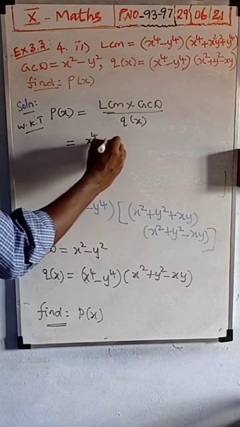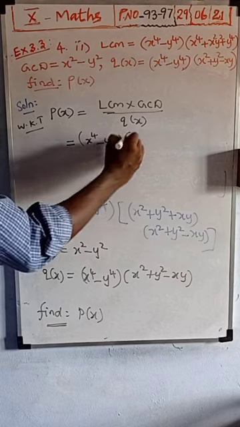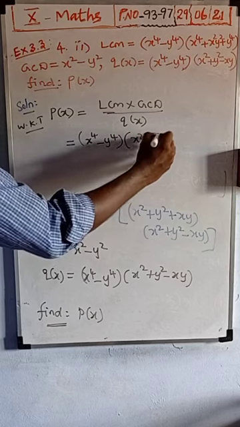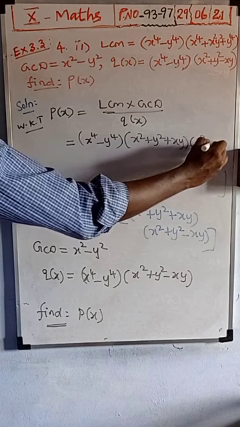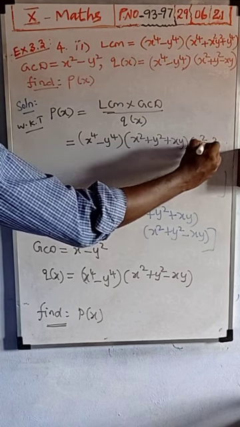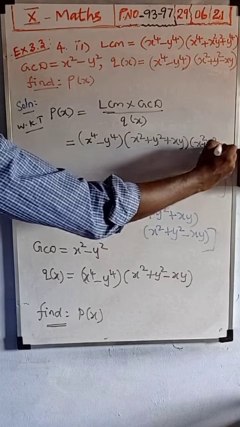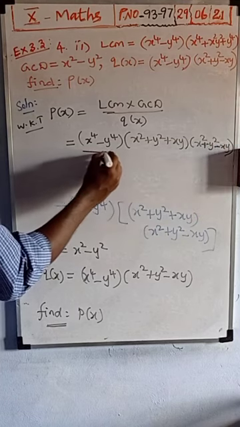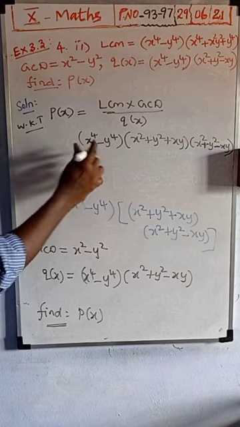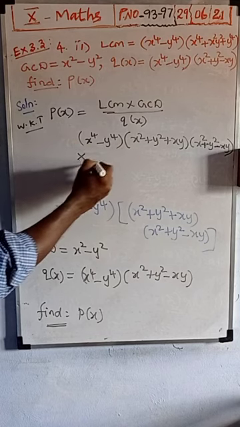Now LCM is x power 4 minus y power 4 into x square plus y square plus xy into x square plus y square minus xy, whole, into GCD.